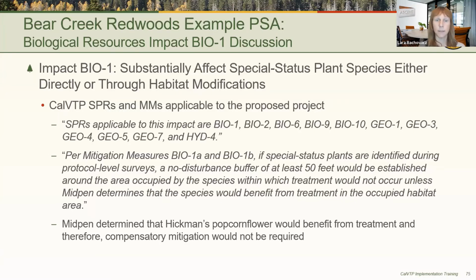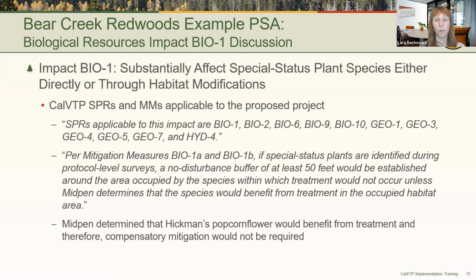If special status plants are detected, mitigation measure Bio 1A for listed species and Bio 1B for non-listed special status plants would be required, and a no disturbance buffer of at least 50 feet would be implemented unless it is determined that the plant would benefit from treatments in occupied habitat, even though some individual plants may be lost.